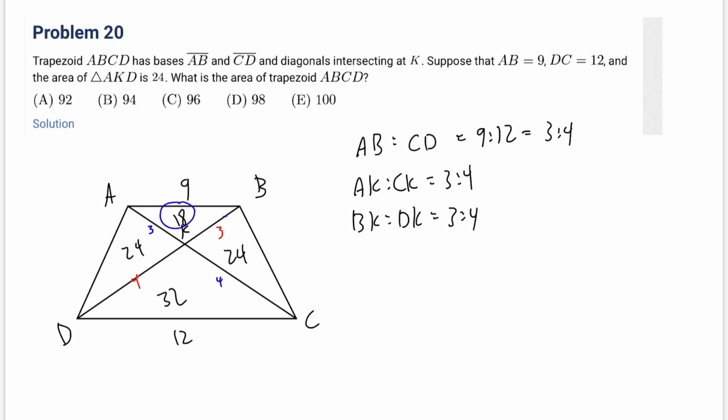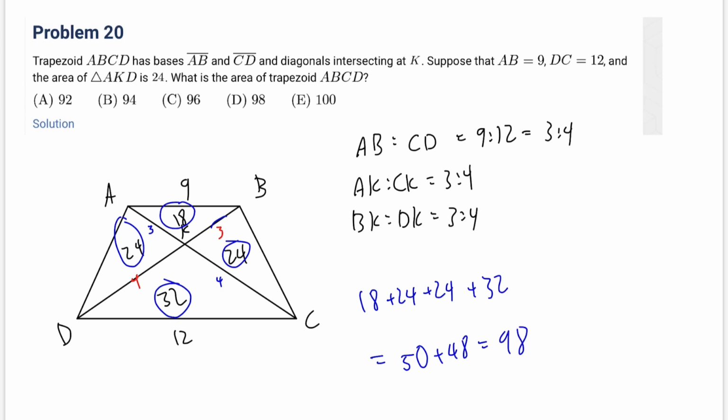So what we have to do is add these four numbers together. 18 plus 24 plus 24 plus 32 equals 40 plus 50 plus 48, no, it's 98. The answer is D.